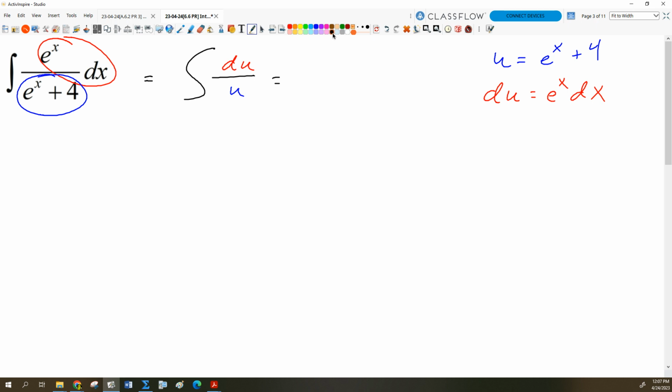Yeah, natural log of u, right? Okay. And we'll just reverse the substitution. And so we get natural log of e to the x plus 4. That's standard form.